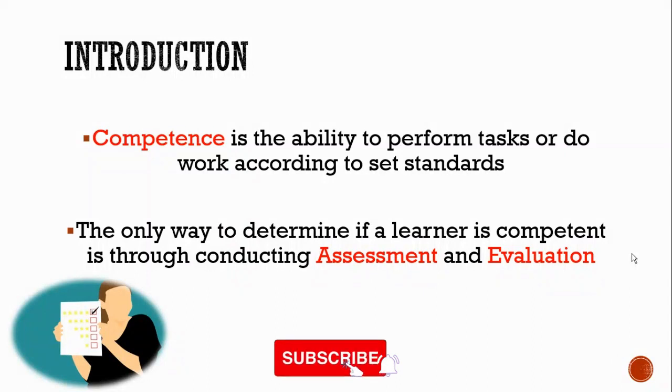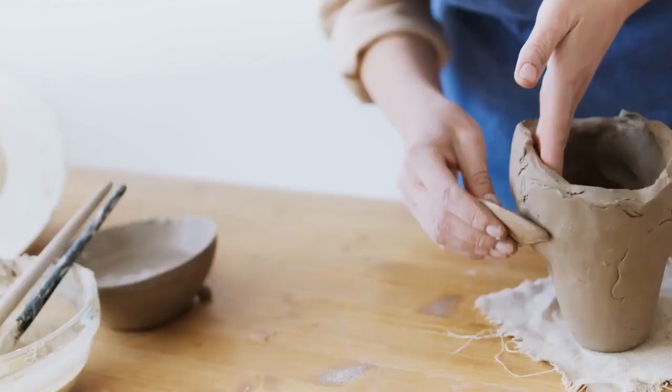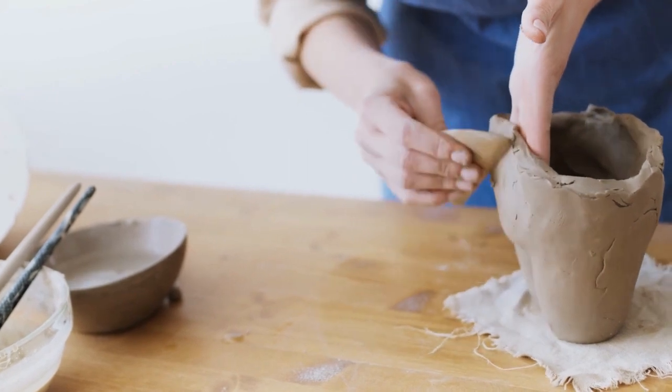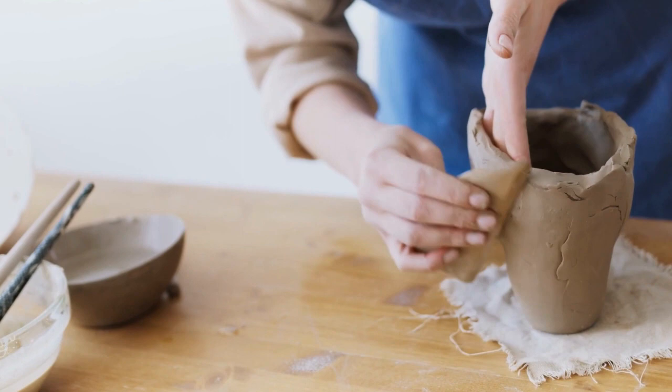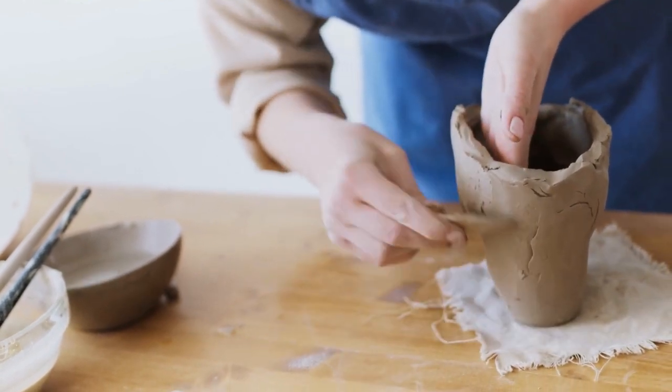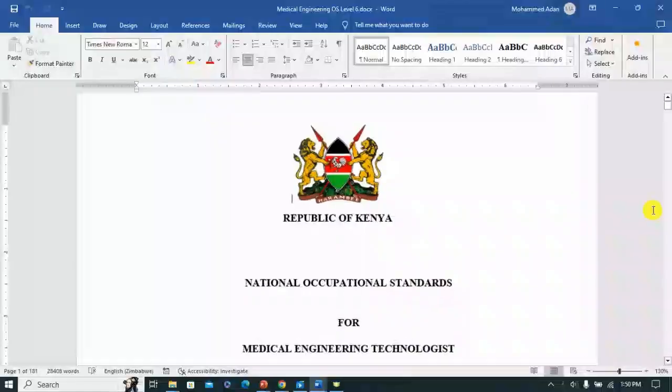So let's introduce what CBET is all about, and that is competency. Just to remind ourselves, competency is the ability to perform tasks or do work according to set standards. And we looked at that in our development of occupational standards.